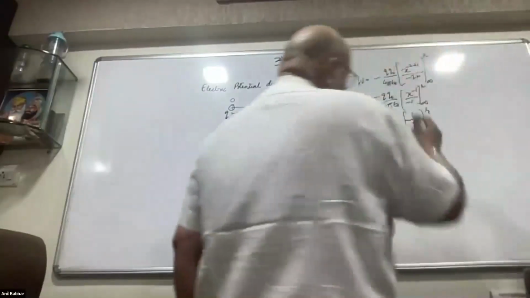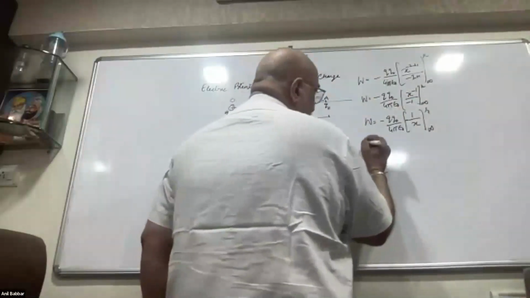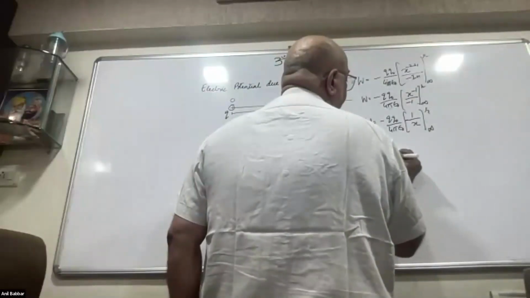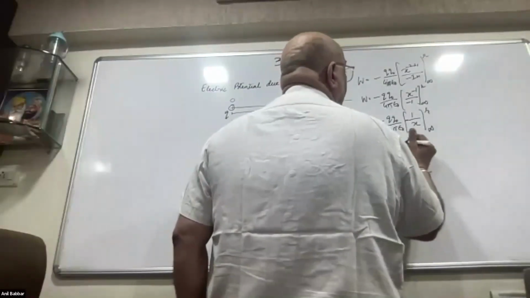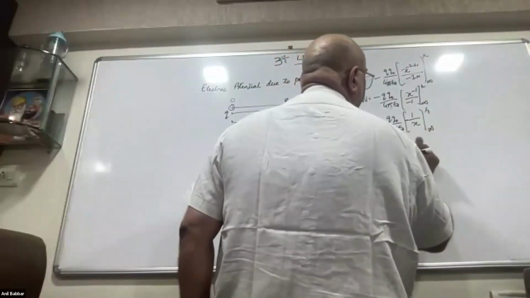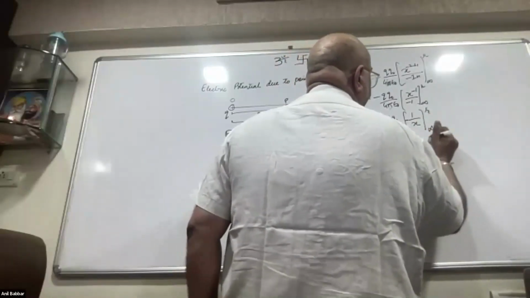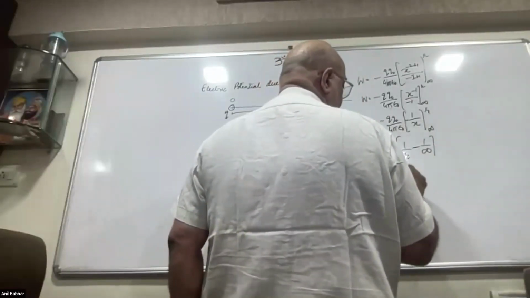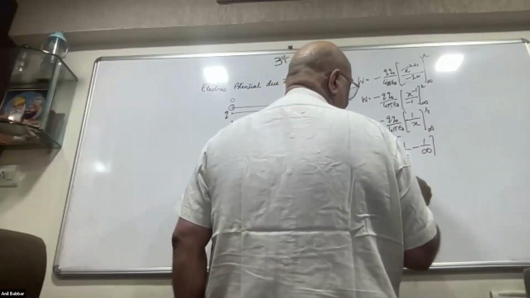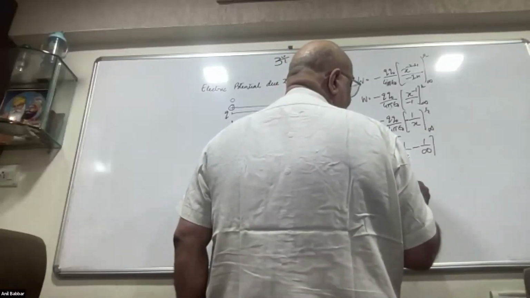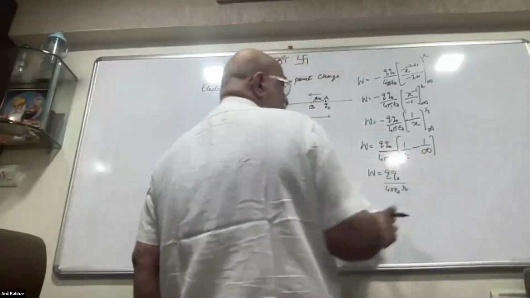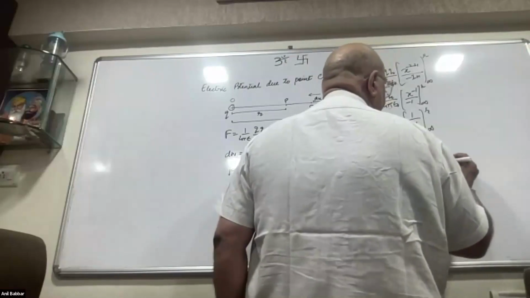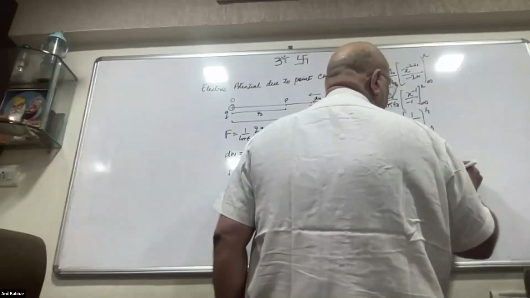So in the next step, putting the value upper limit minus lower limit, we get W is equal to Q naught by 4 pi epsilon naught. Upper limit is 1 by R minus 1 by infinity. So here we get W is equal to Q naught by 4 pi epsilon naught R. So we may say 1 by 4 pi epsilon naught into Q naught by R.